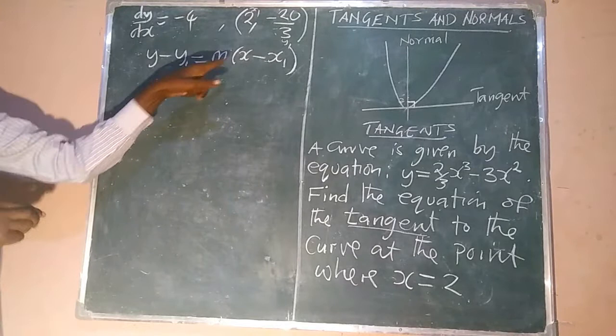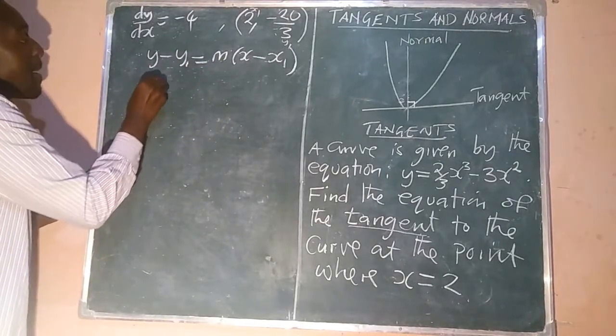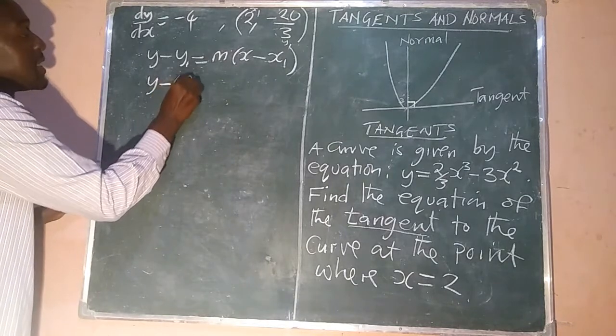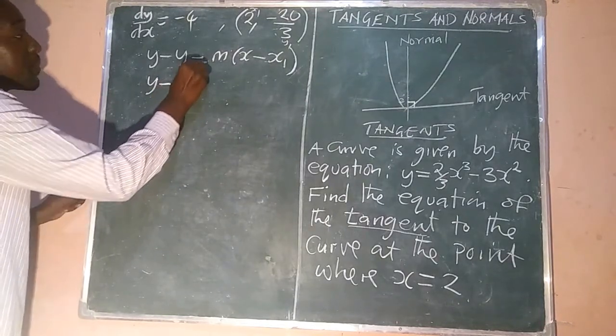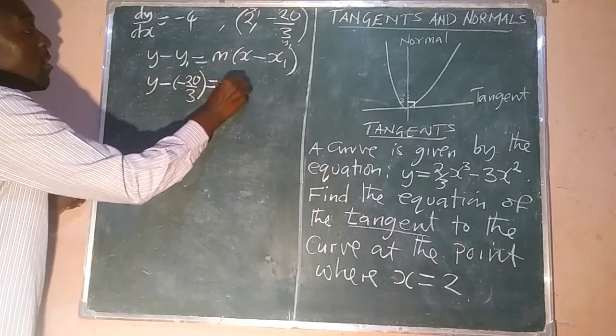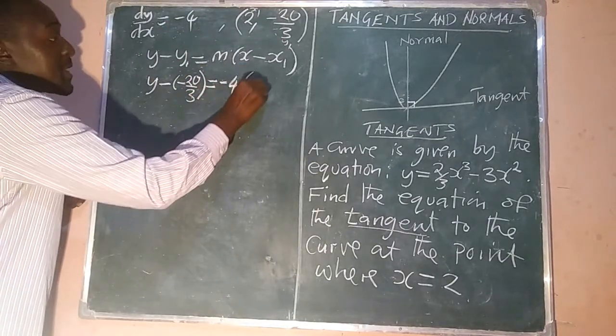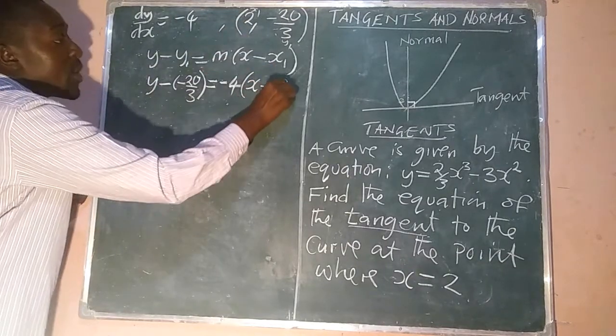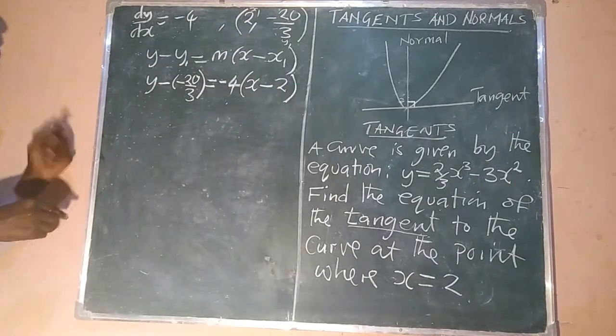So we substitute here. We have y minus y1, which is negative 20 over 3, is equal to m, which is negative 4, times x minus x1, where x1 is 2. Then we simplify this.